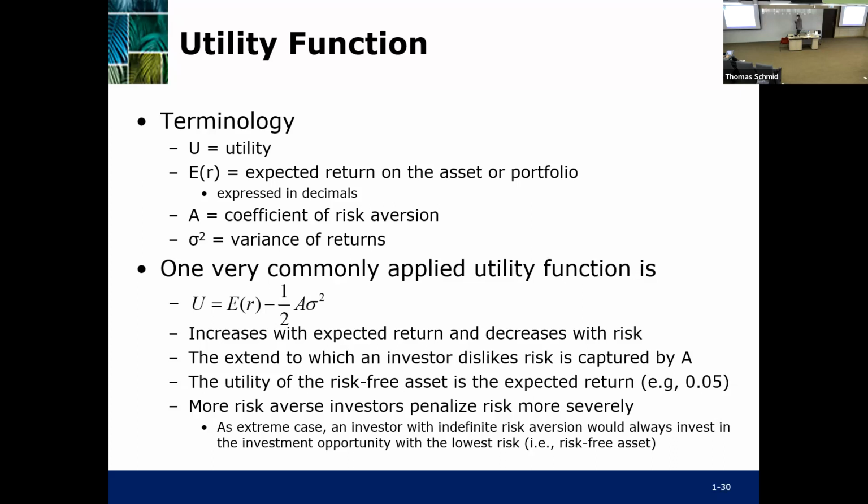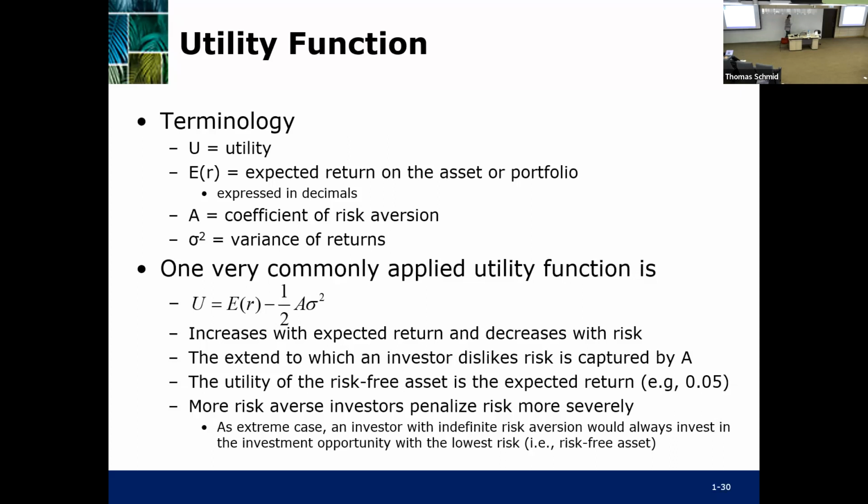But these are not the standard cases. In our standard case, we will have a risk-averse investor, and the level of risk aversion will be captured by A. Some investors are more risk averse, then A is high. Other investors are less risk averse, then A is low. For all investors, independently of their level of risk aversion, the utility of the risk-free asset is what?